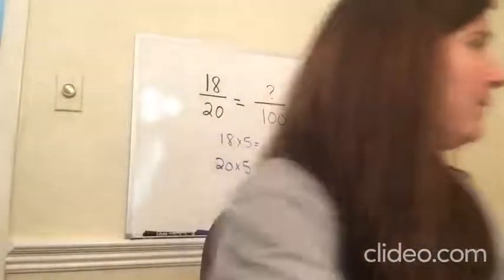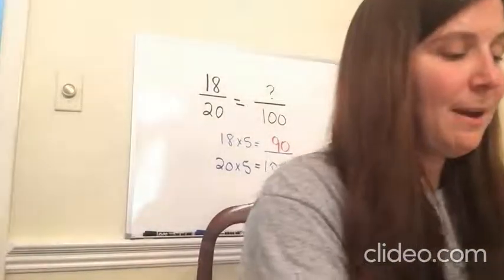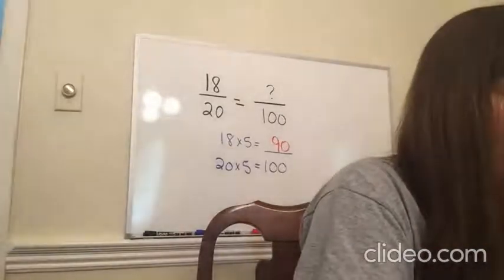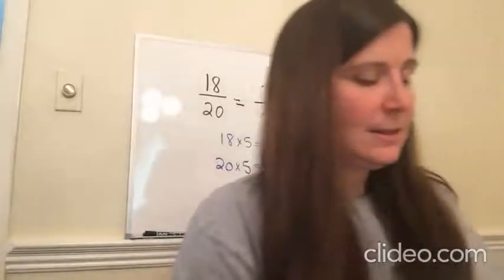Now, 35 and 100 can both be divided by 5. So when you do that, you would get 7 out of 20. So our simplified fraction would be 7 over 20.